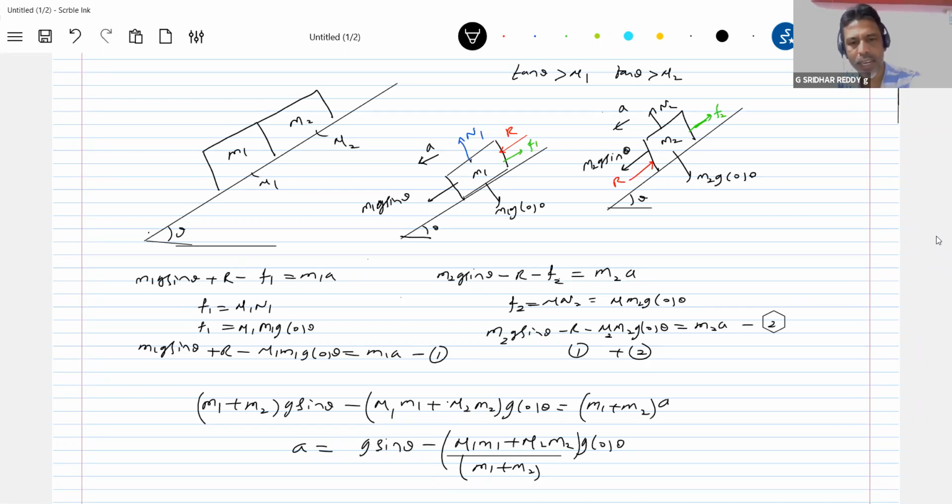Okay, now what about the reaction? Substitute this value of a in any one equation and you'll get the expression for the reaction. I'll directly write it. The reaction means the normal contact between them.